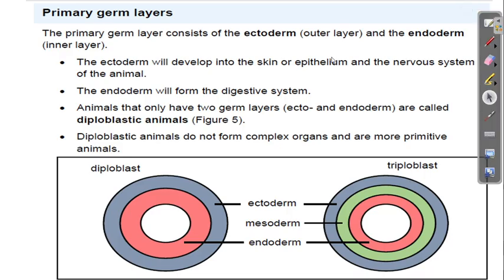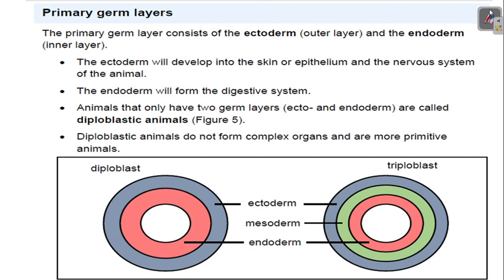Now, let's look at them from the slides. Like I said, we have primary germ layers that consist of the ectoderm, the outer layer, and then your endoderm, the innermost layer. So the ectoderm will develop your skin, for example, or the epithelium, and then your nervous tissue of animals.